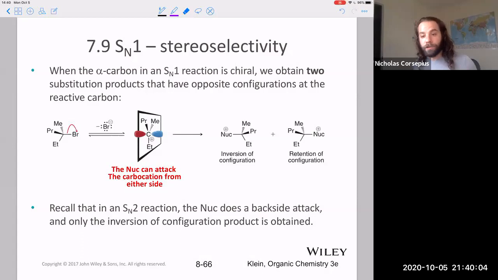So you're going to get a mixture because you're going to have nucleophilic attack from this side, but you can also have your nucleophilic attack from this side. So unlike the SN2 where we only saw the inverted product, here we are going to get what we call a racemic mixture of both of these products.